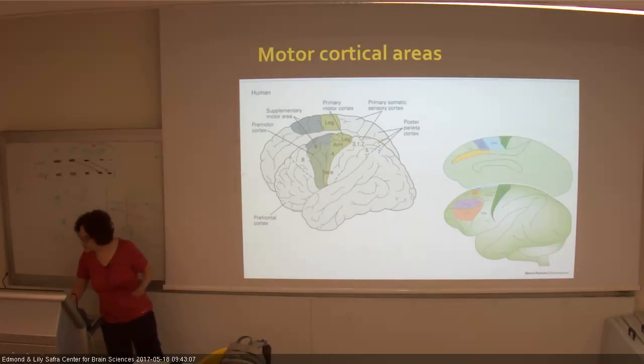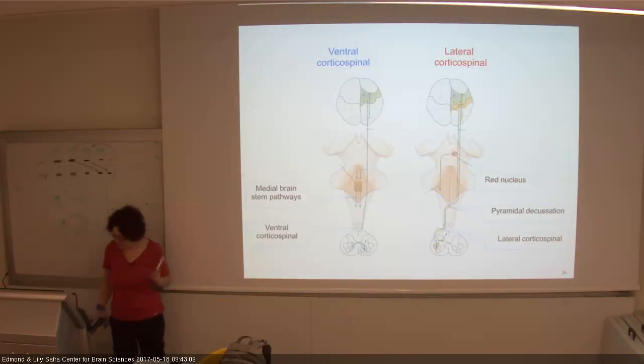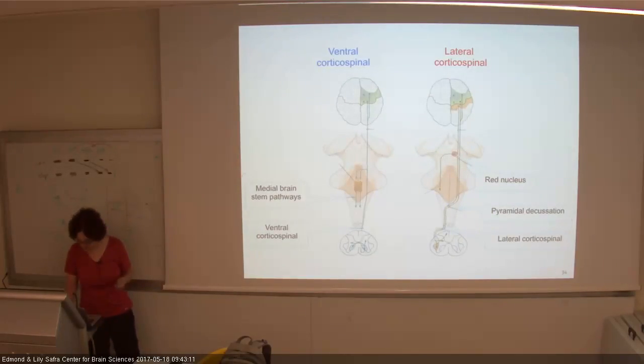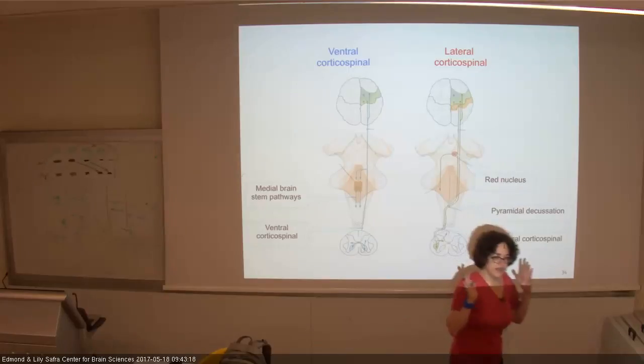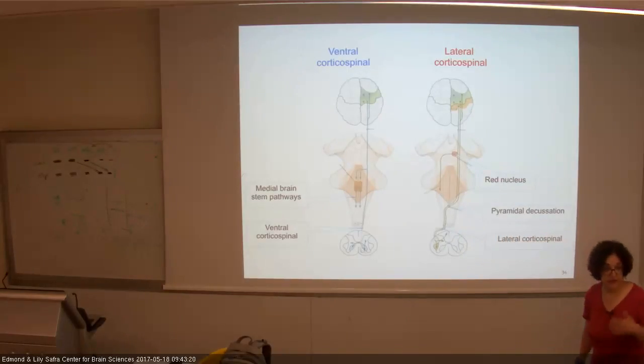I don't show it here, but I hope to have enough time to show it by next week. So again, we are talking about the ipsilateral and the contralateral corticospinal pathway.